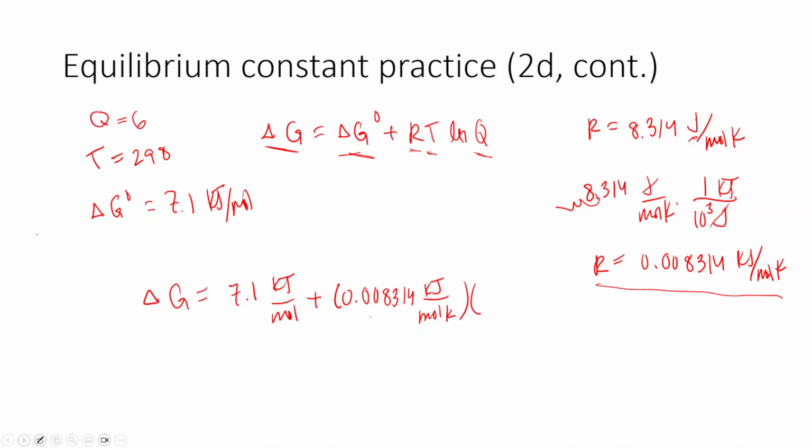T, we know, is 298 K. And then we have the natural log of Q, which is 6. So now our Kelvin cancels, so our answer is going to be in kilojoules per mole. So does anybody have delta G? 11.5, great.